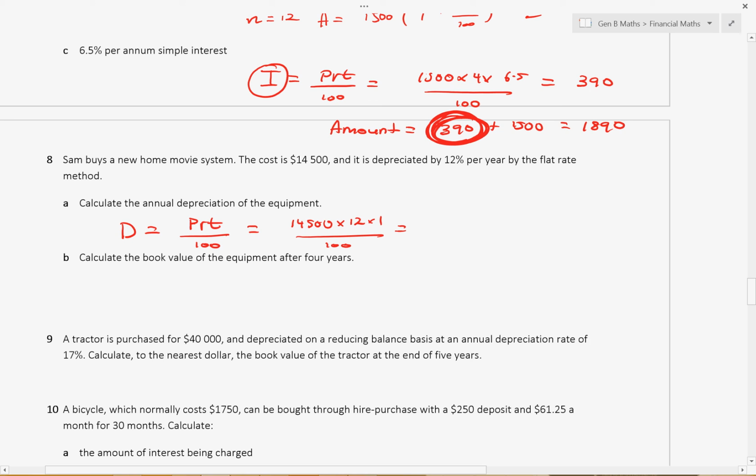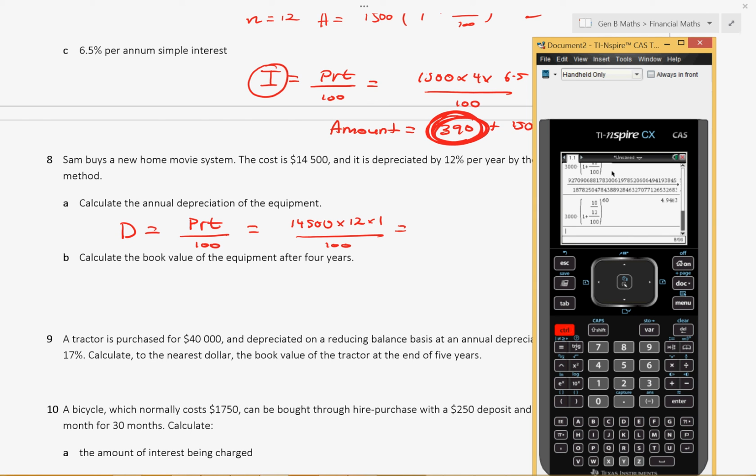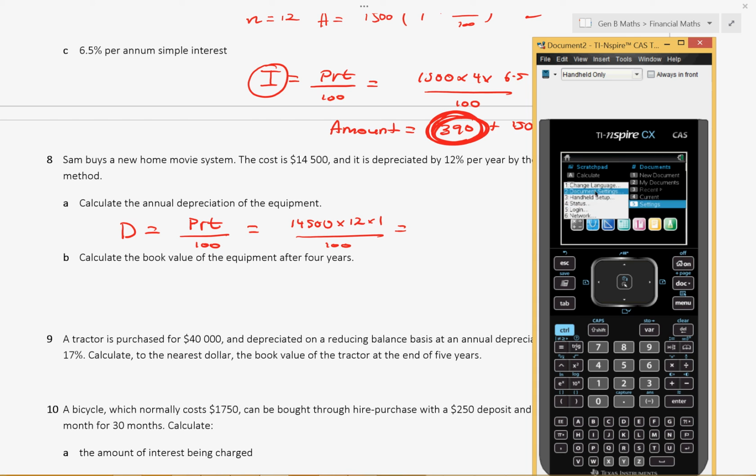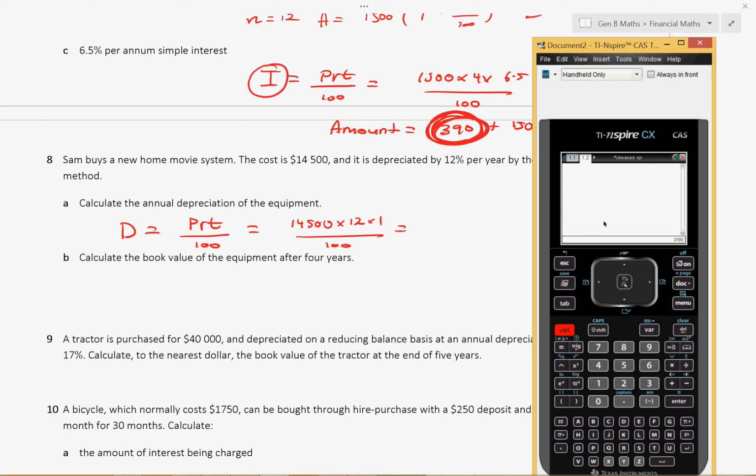And if I was to do that in my CAS, first of all, I'm going to change the settings: document settings, format, calculation, let's get this to approximate for the time being. 14,500 times 12 over 100. What is it? 1,740.